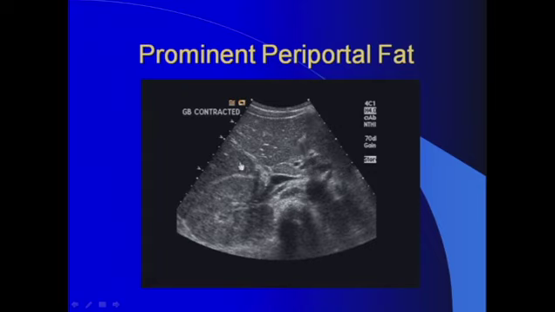This patient was presenting for right upper quadrant pain for other reasons, where the gallbladder was contracted. I am showing you this example in a young patient with the prominent periportal fat, which can be confusing and may give you the pattern of the starry night, falsely giving a diagnosis of acute hepatitis.